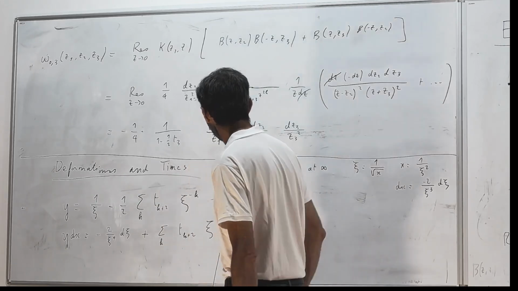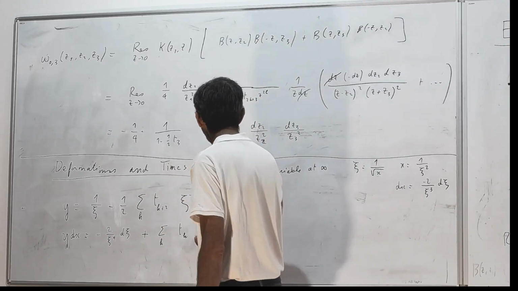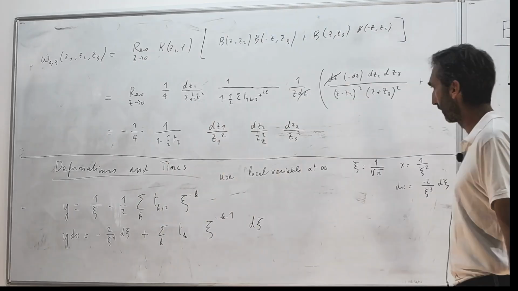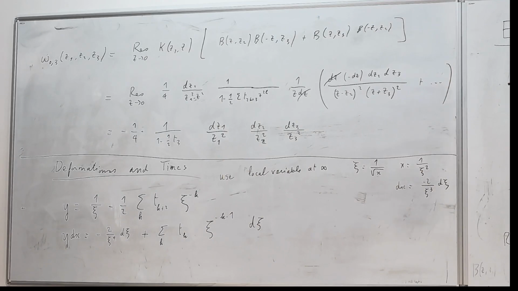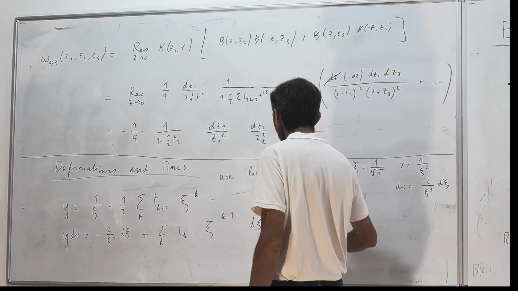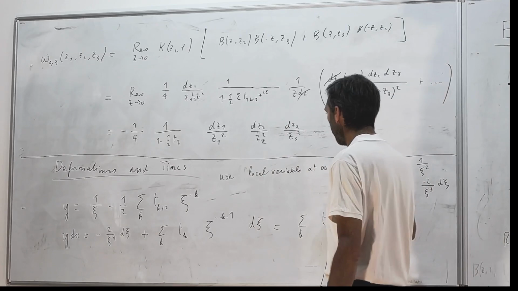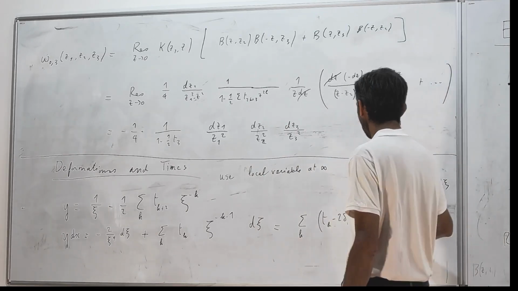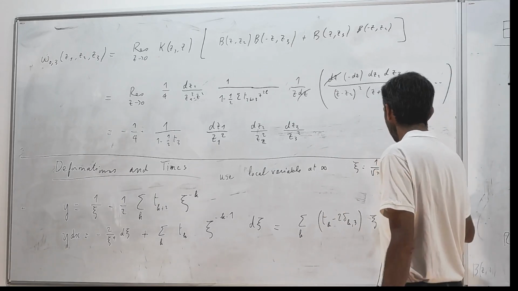Let me shift the indices: minus k minus 1 dxi. Well, let me write it as sum over k of t_k minus 2 delta_{k,3}, xi to the power minus k minus 1 dxi.